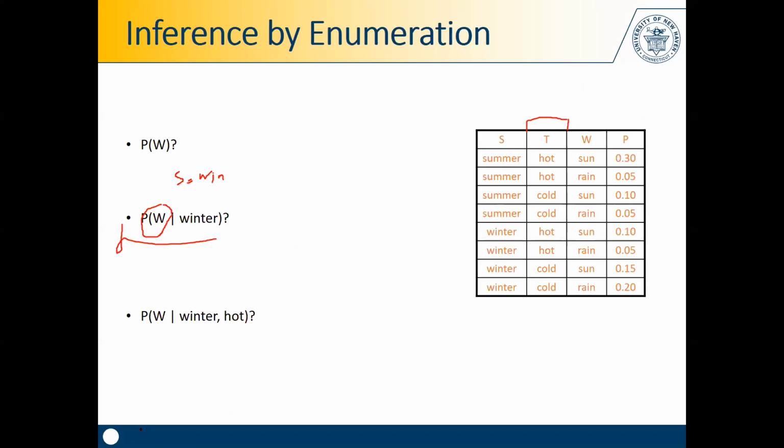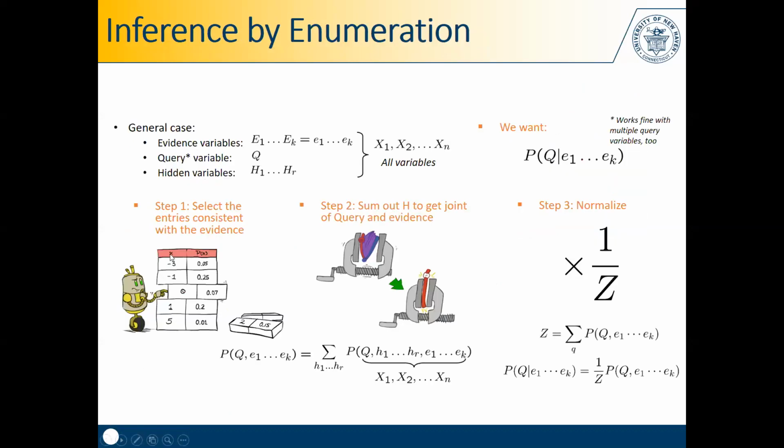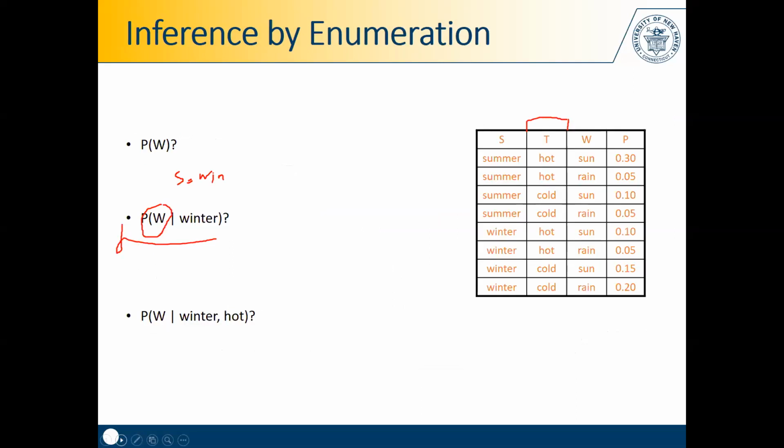Remember our steps. Let me go back to the previous slides to do a quick review. First step, select the entries consistent with the evidence. Which entries in here are consistent with the evidence? Our evidence is the season is winter. So we are only going to consider these rows here.